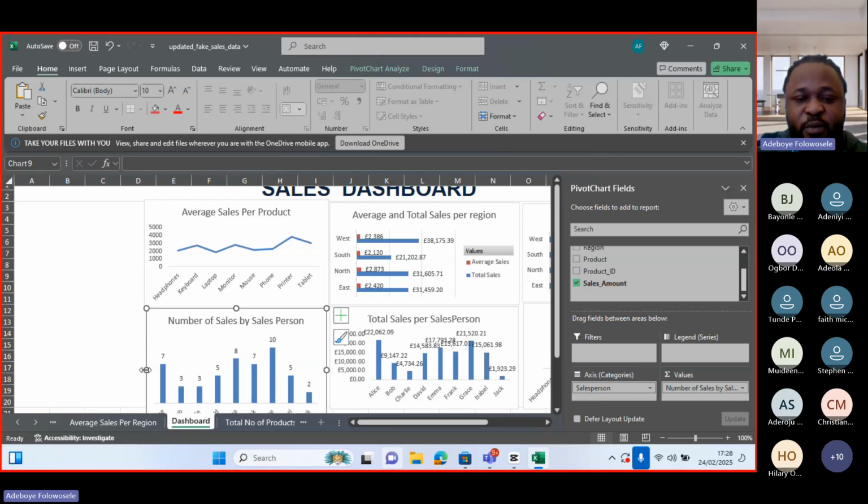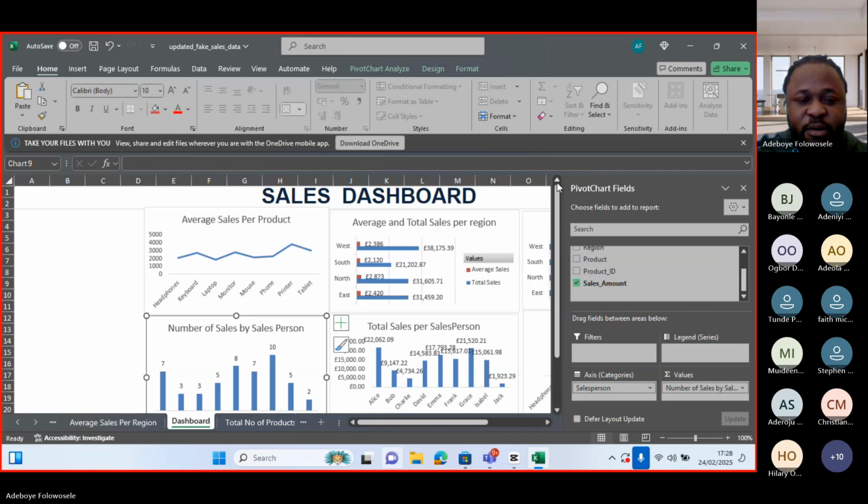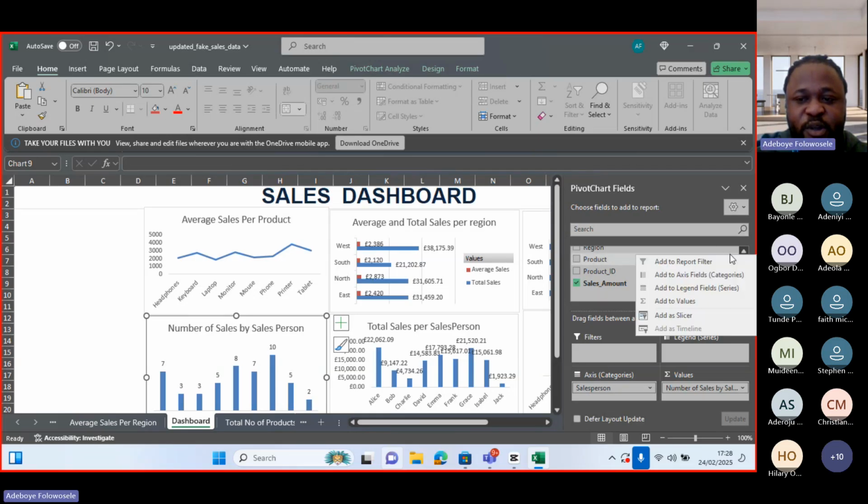So here now we have our sales dashboard. To insert a slicer, all I need to do is to right click here, then I will say add a slicer.